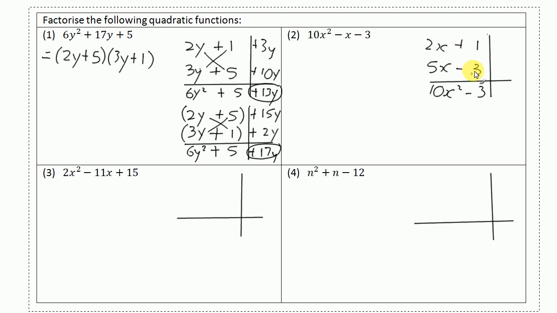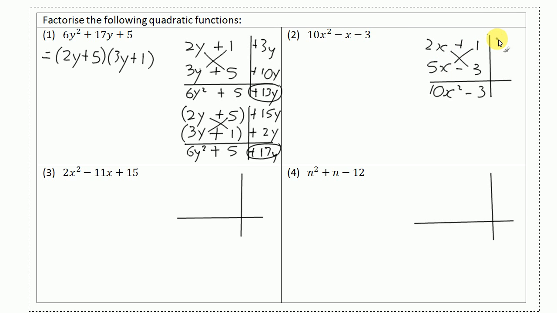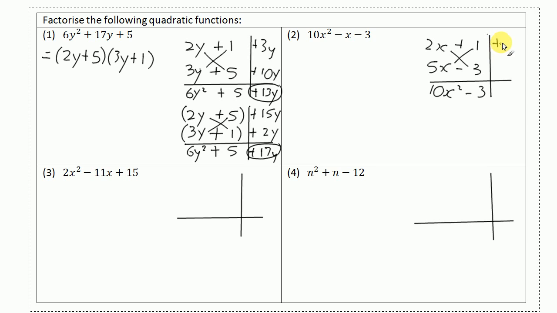Now I multiply them diagonally as before. When positive 1 is multiplied by 5x, that will give me plus 5x. And 2x multiplied by negative 3 will give me negative 6x.